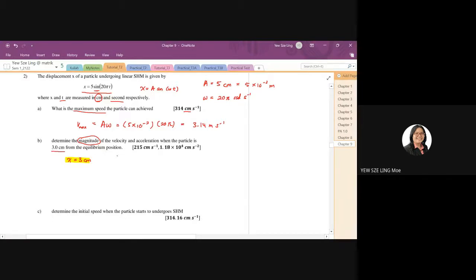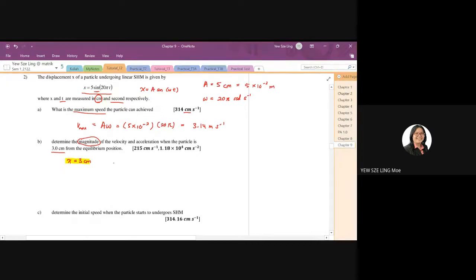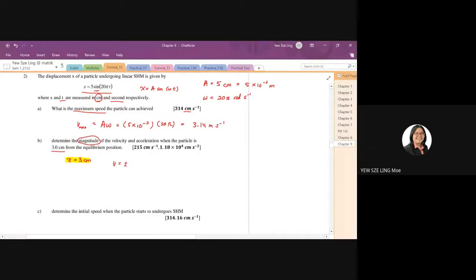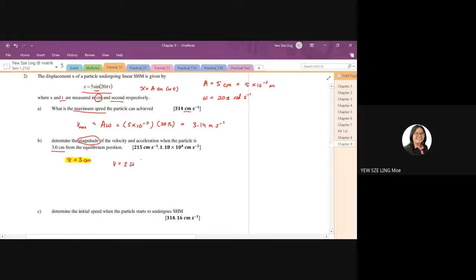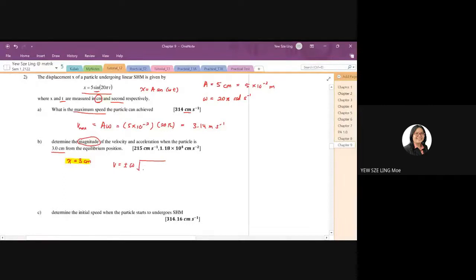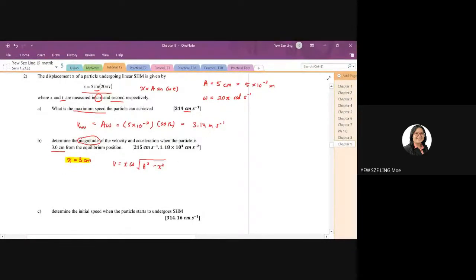If you use sign convention in your calculations, then remember to add one sentence at the end of your calculations. So let us keep the sign convention. V equals plus minus omega square root of a squared minus x squared. If you use everything in terms of cm, then make sure your final answer is in cm.